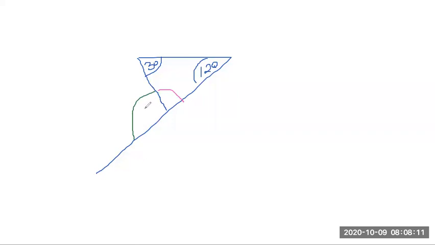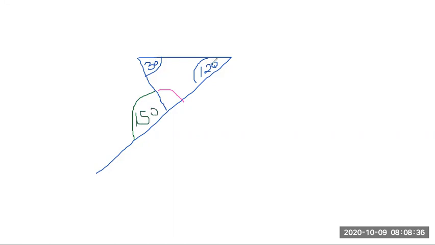So remember, the exterior angle is equal to both the interior angles. Pause recording. The green is 150. All I gotta do is add these two interior angles that are opposite the exterior. So this right here is 150.